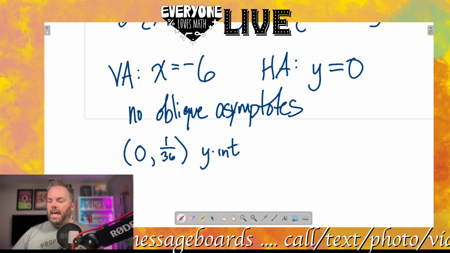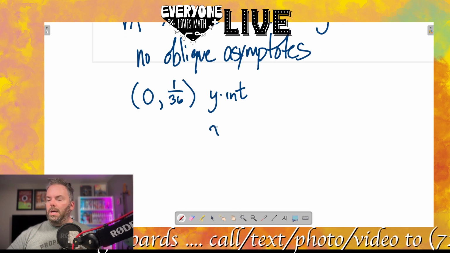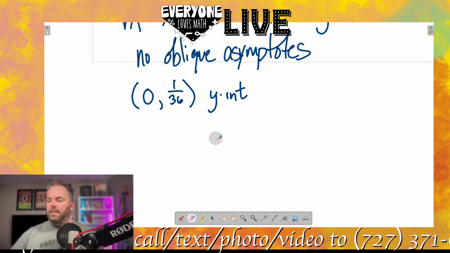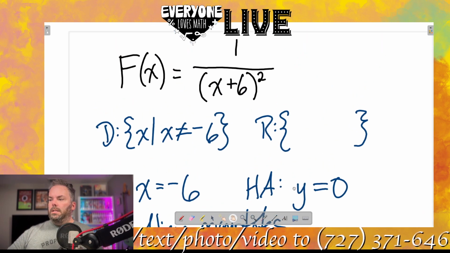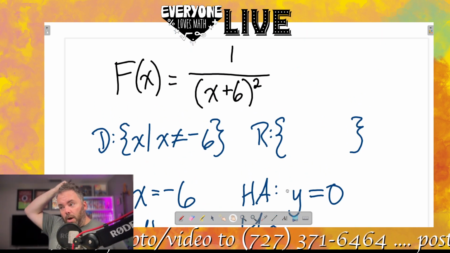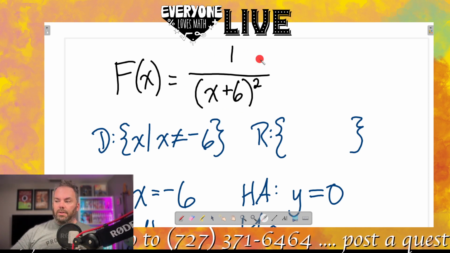All right, as far as the x-intercepts, I would want to maybe look at that. Well, let's talk about this, actually. We can answer this question. Sometimes we can and sometimes we can't. Let's look at this thing. So, x-intercepts is where y equals 0. And y is 0 when this fraction is 0.